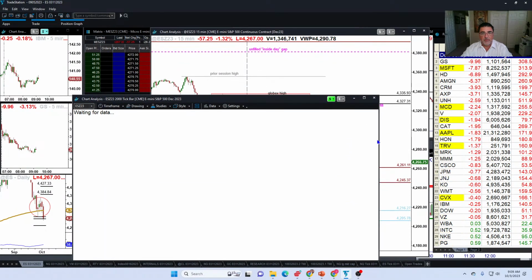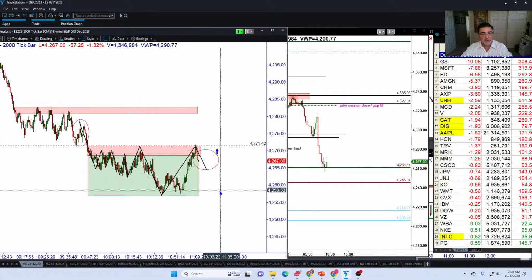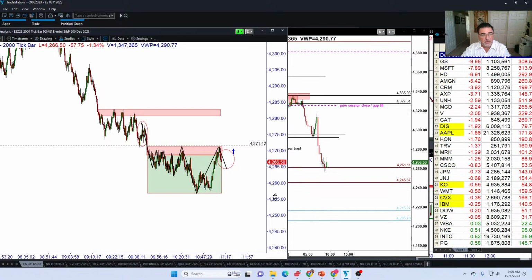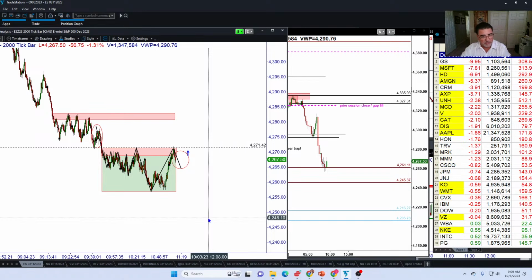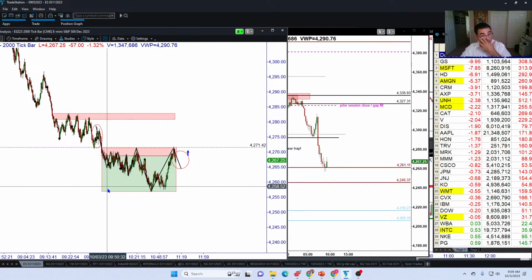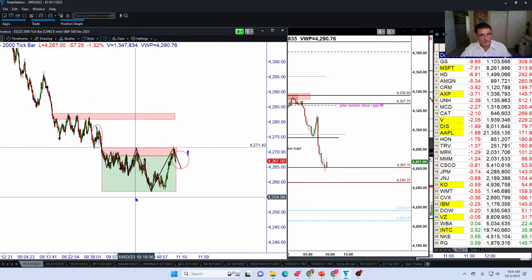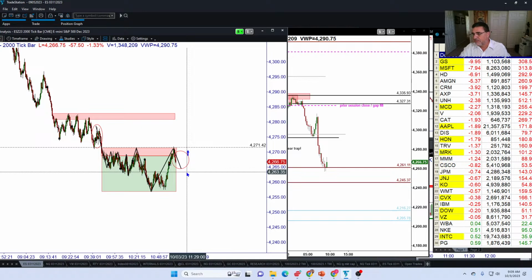Okay? When we start looking and manifesting a turn in the market, every new uptrend is going to start on the smallest time frame with a fresh accumulation of orders, okay? What does a fresh accumulation of orders look like?